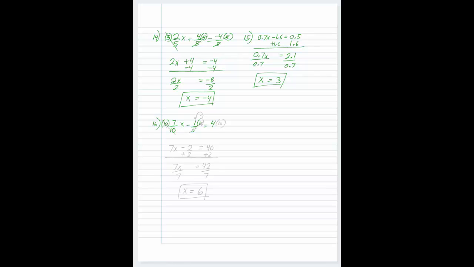And then 4 times 10 is just 40. So now, no more fractions. It's just a regular algebra problem. I will add 2 to both sides. So 7x equals to 42. And then finally divide by 7. And 42 divided by 7 is 6.